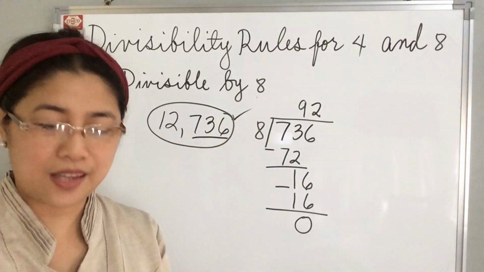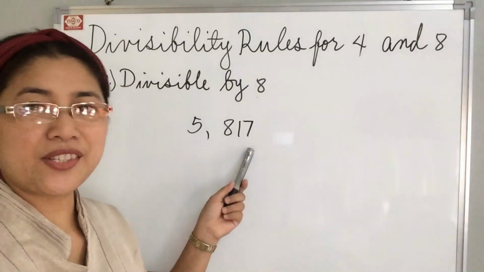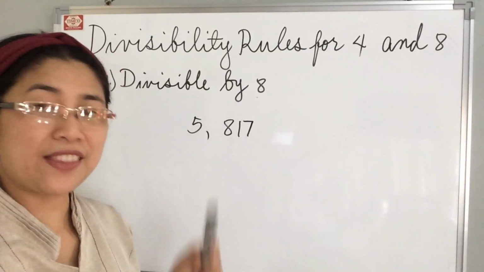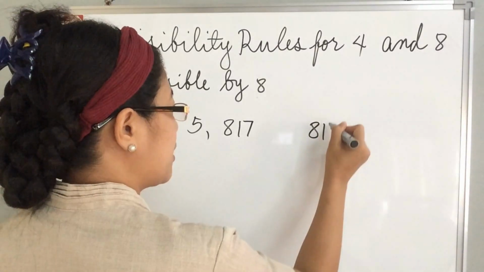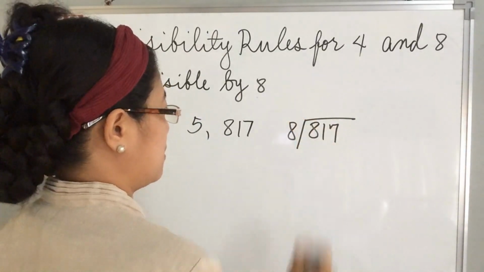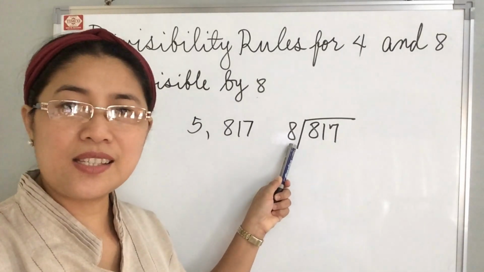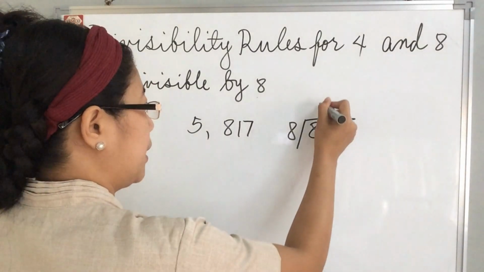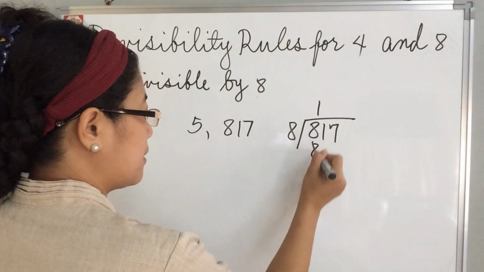Okay? Last example. 5,817. So let's get the last 3 digits. 817 divided by 8. So 8 divided by 8 is 1. Okay. 1 times 8 equals 8.